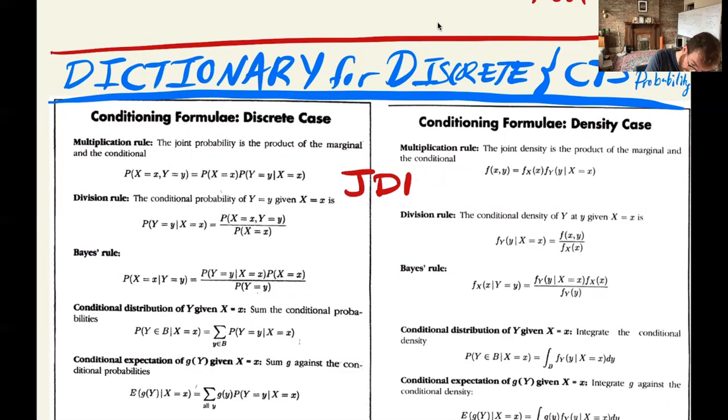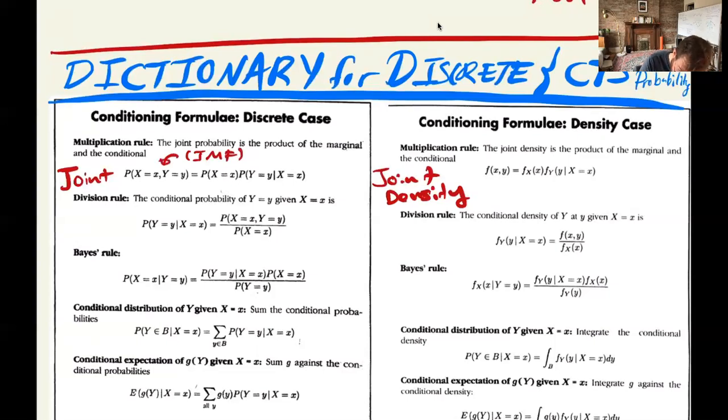Here's our joint, and here's my joint density. Sometimes we call this the JMF here, and we call this the JDF here.